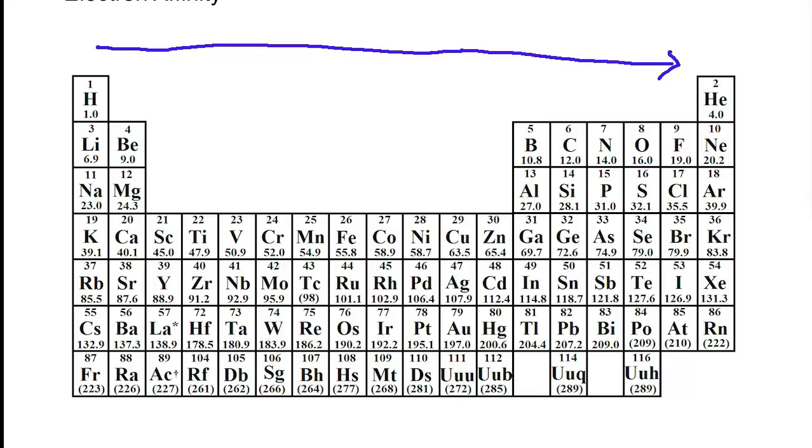Well, if that's the case, and these electrons over here on the right side of the table are held on to with a tighter grip than those on the left, I would expect that my ionization energy is going to increase as I'm going along here because of the effective nuclear charge. So you can see why we looked at effective nuclear charge first, because it helps to explain a lot of the trends that we're seeing here.